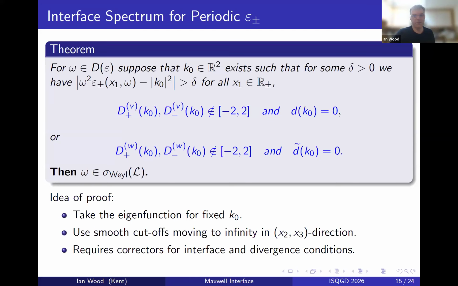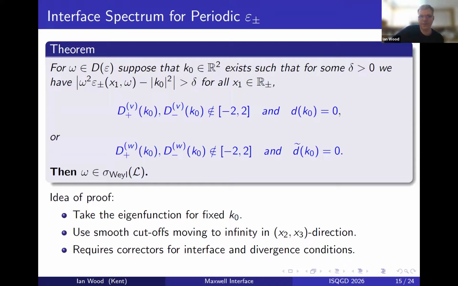So what do we do here? For the fixed K0, we now have a non-trivial eigenfunction. That's what this determinant condition guarantees. We can then use smooth cutoffs in the x2, x3, or the k2, k3 variables that move off to infinity in that direction, which means it's moving along the interface.